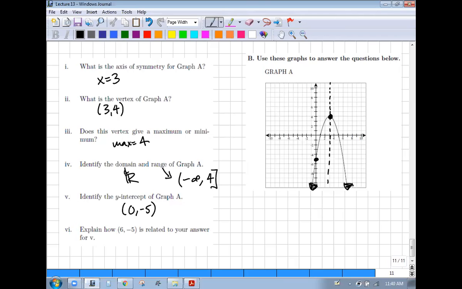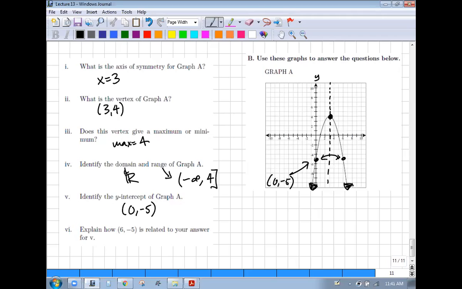Explain how (6, -5) is related to my answer. Okay, so this point right here where it crossed the y-axis, there's a mirror point. Remember, this is an axis of symmetry. That means everything that happens here happens over there. So this point is kind of like its mirror point.